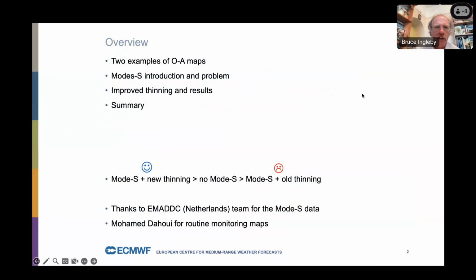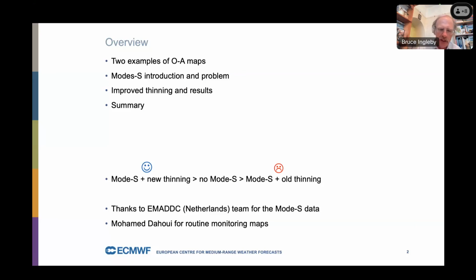Right. So I'm going to show you two examples on observation minus analysis maps, a bit about Mode S introduction and what the problem was, improved thinning and results, and a summary. In terms of results, the bottom line is that there was a problem using Mode S with the old thinning.